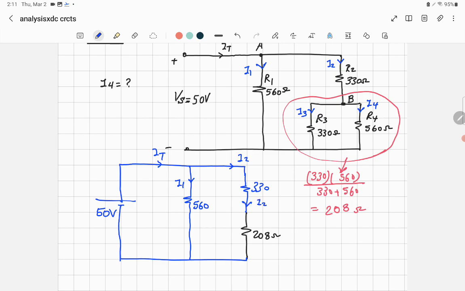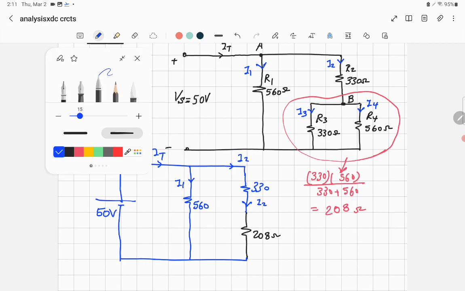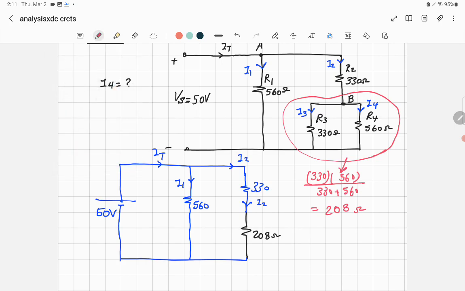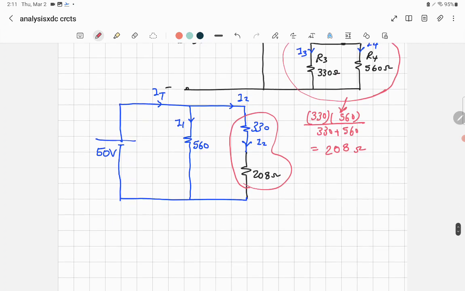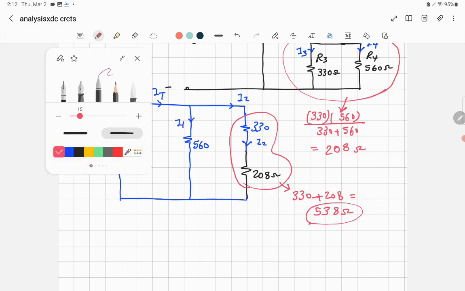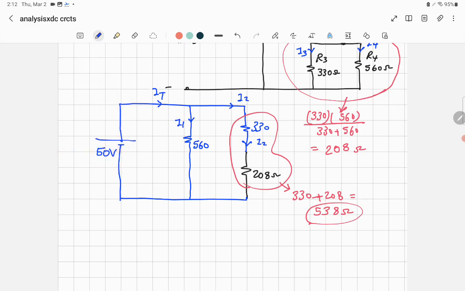All right. Now we have the resistance 330. It's connected in series with 208. So I will just add them because they are in series. So you have 330 plus 208. You got 538 ohm. That's the value of the resistance. So now we can re-sketch the circuit.